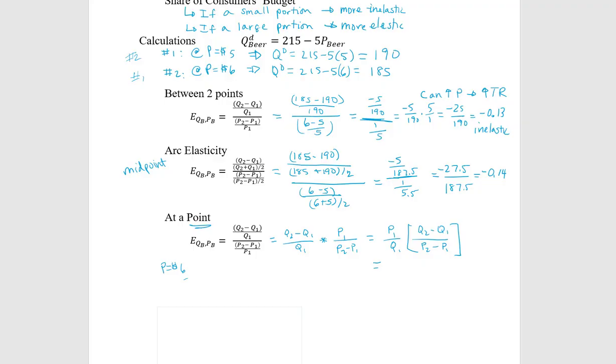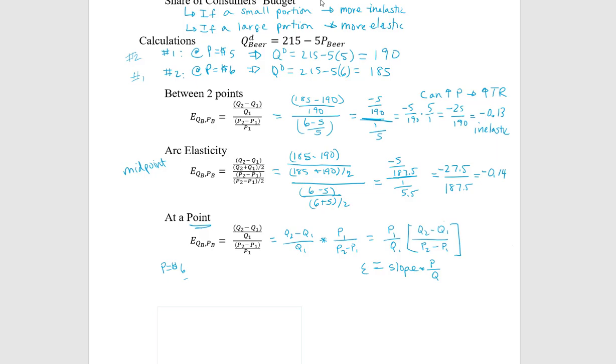That's actually the slope. So I'm going to write it this way. Elasticity can be slope times P over Q. And we need to be sure we're careful about this. This is the slope when we've got quantity on the left and price on the right. I know that because quantity is on the top and price is on the bottom. Remember, slope tells us when the price of beer goes up by 1, quantity goes down by 5. That's how we read that slope.